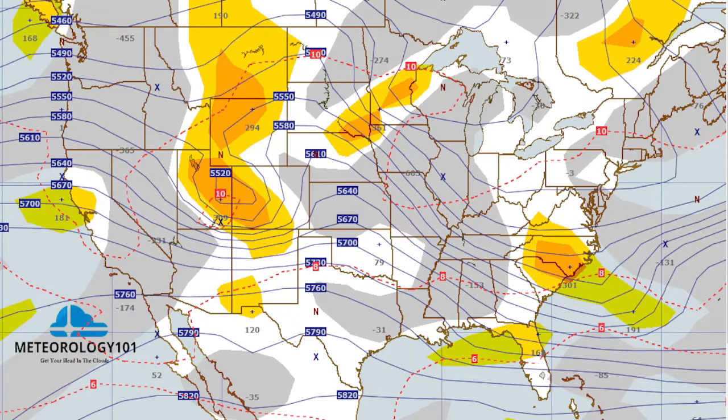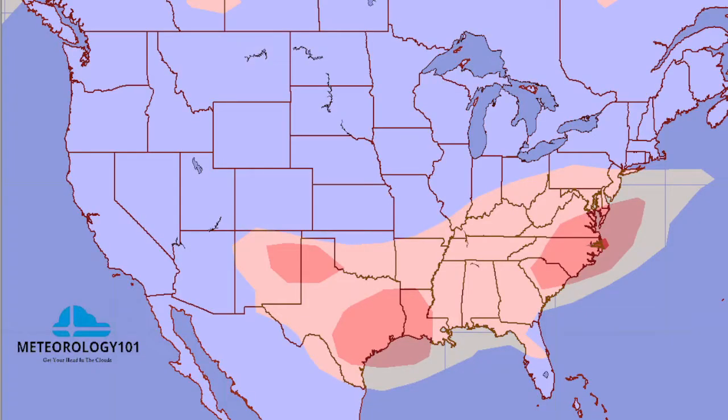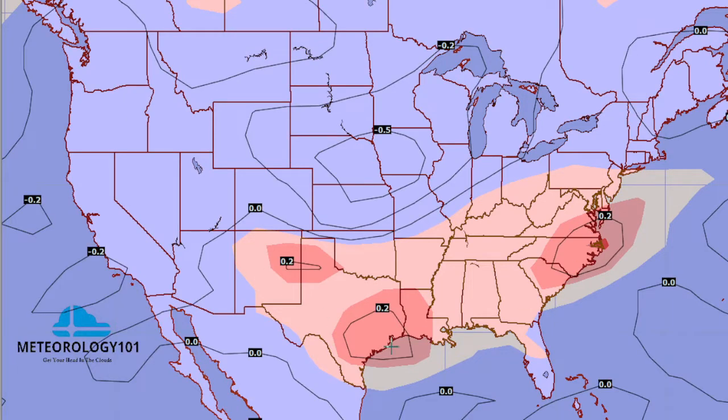Let me get to another chart. All right, so this is the Theta E advection. It's a Kelvin temperature advection chart that shows if there's going to be anywhere for significant weather. I mean, pretty much this whole area.